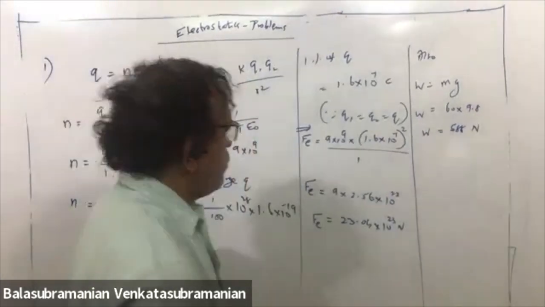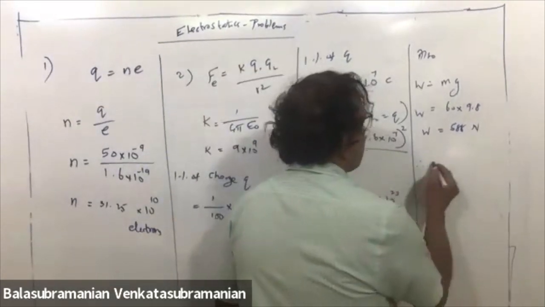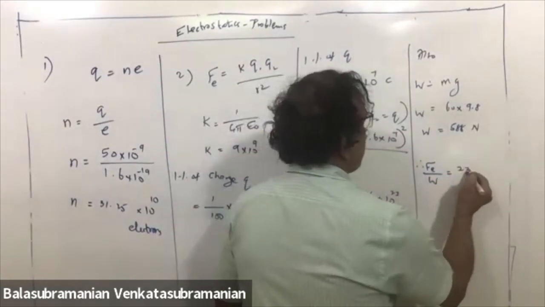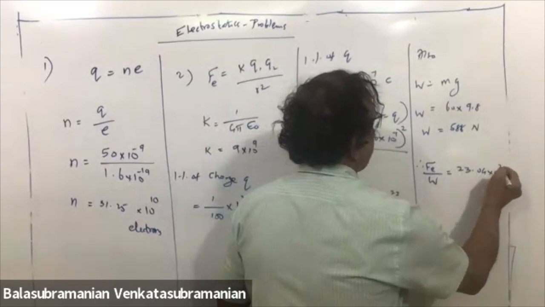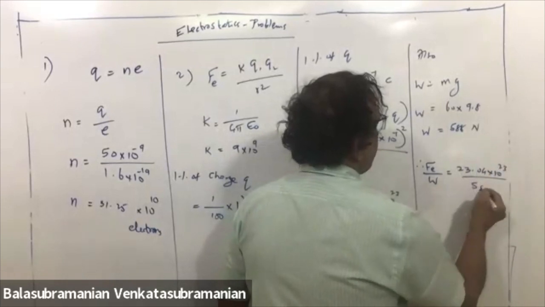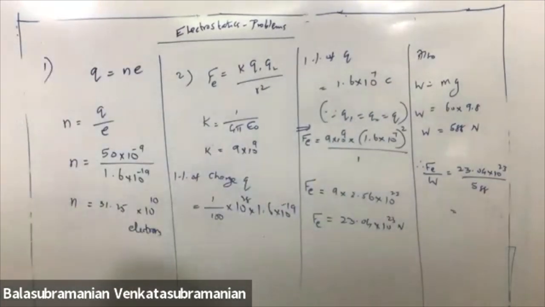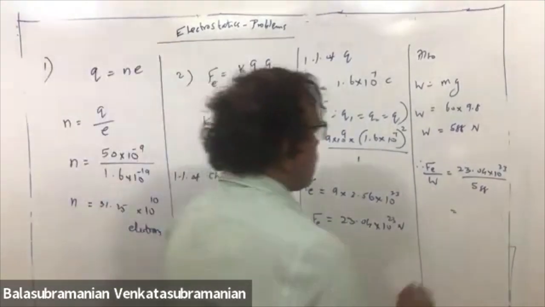Okay, fine. Therefore, compare Fe by W. 23.04 into 10 power 23 by 588. It is a ratio, so no unit.